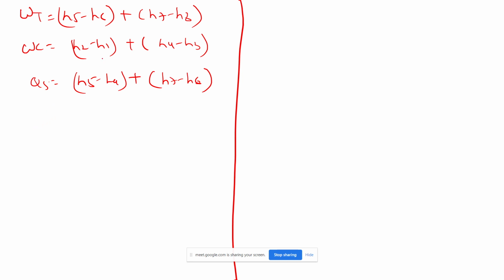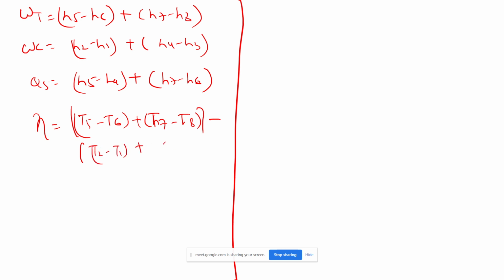In the problem, Cp will be the same, so I will directly cancel it out and write the efficiency equals T5 minus T6 plus T7 minus T8, that is the turbine work, minus T2 minus T1 plus T4 minus T3, upon T5 minus T4 plus T7 minus T6.